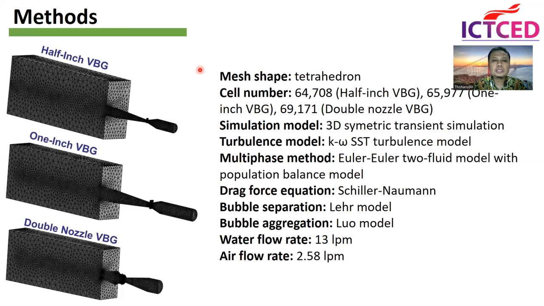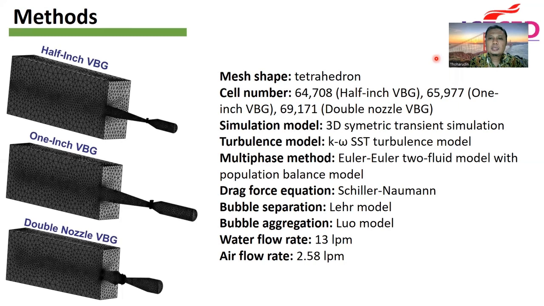We can calculate the cell number: for the half inch, it is about 64,000; for the 1 inch, it is also about 64,000; and for the double nozzle Venturi bubble generator, it is about 69,000.